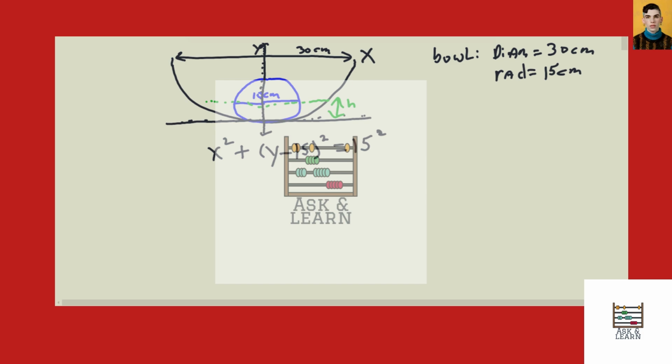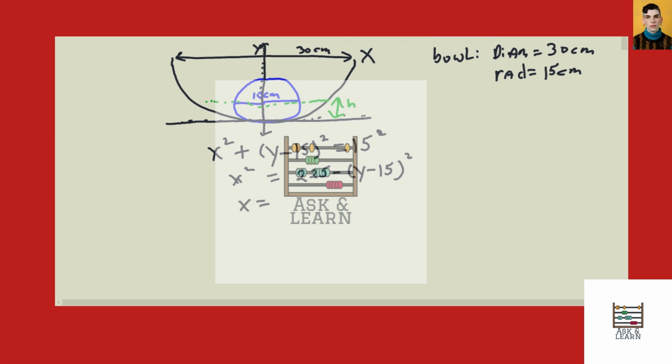Now, let's calculate this for values of x. So this is x squared plus (y minus 15) squared equals 225. We'll just say that x squared equals 225, that's 15 squared, minus (y minus 15) squared.